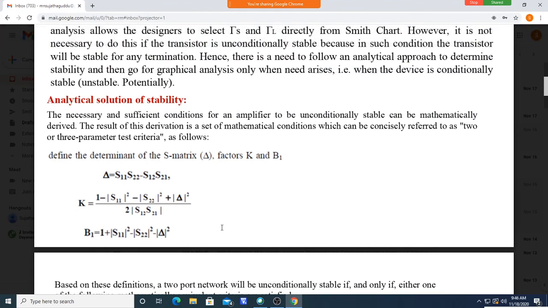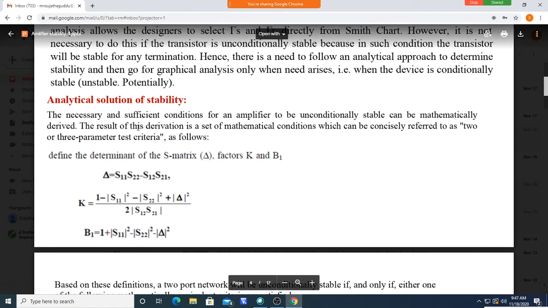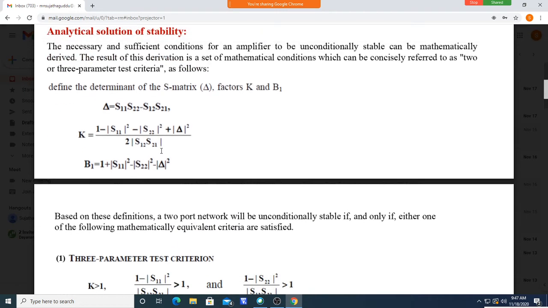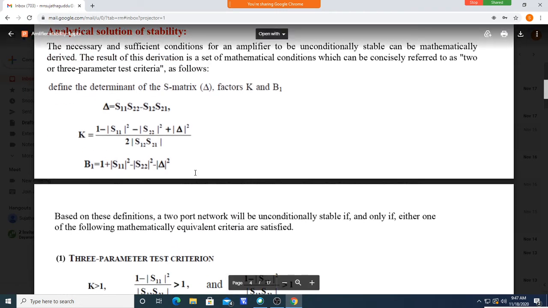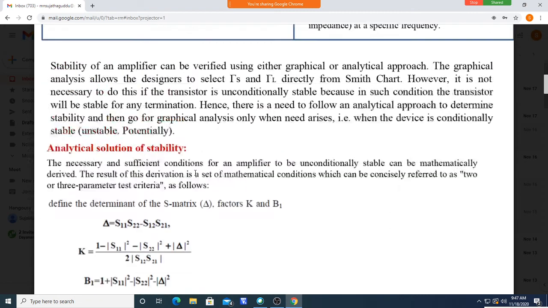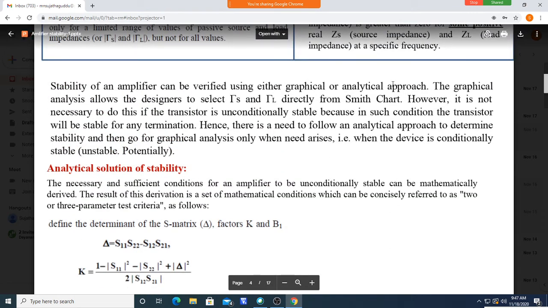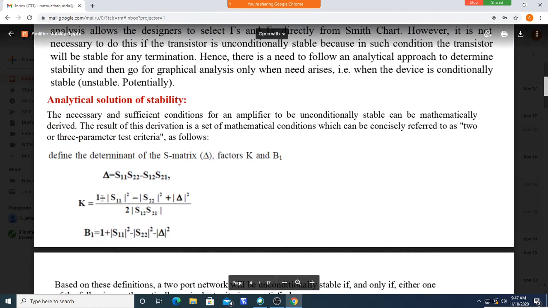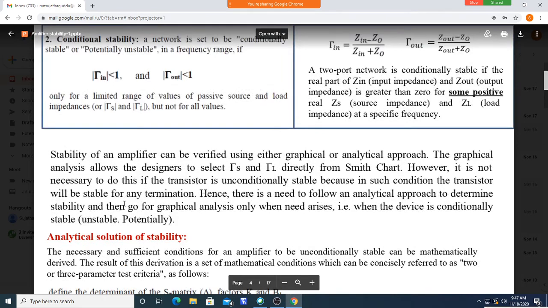Okay, so analytical solution, what we were discussing here. In the analytical solution, first we will compute delta and k, and you will come to know it is unconditionally stable. Then you need not go for the graphical method. But if you come to know it is conditionally stable, k is lesser than 1, then what to do?